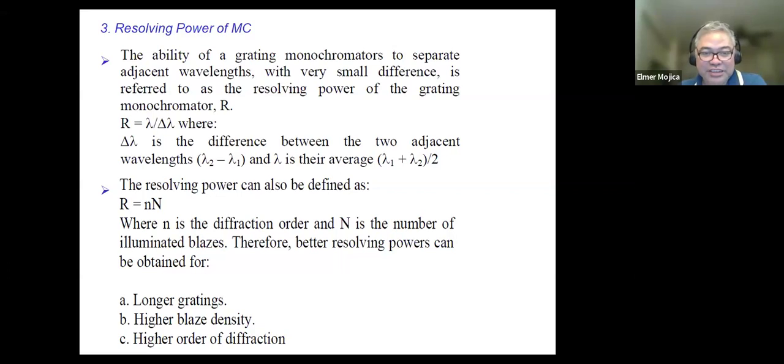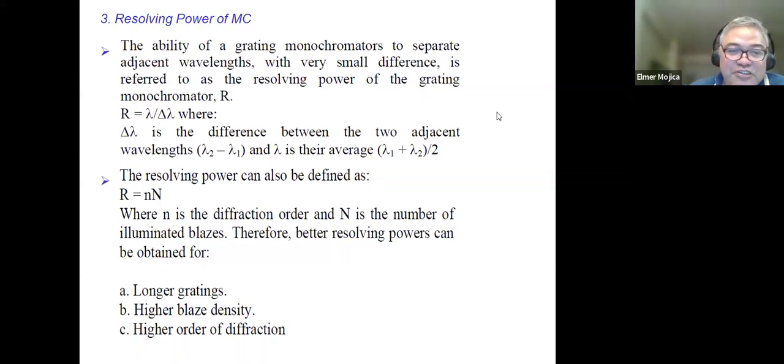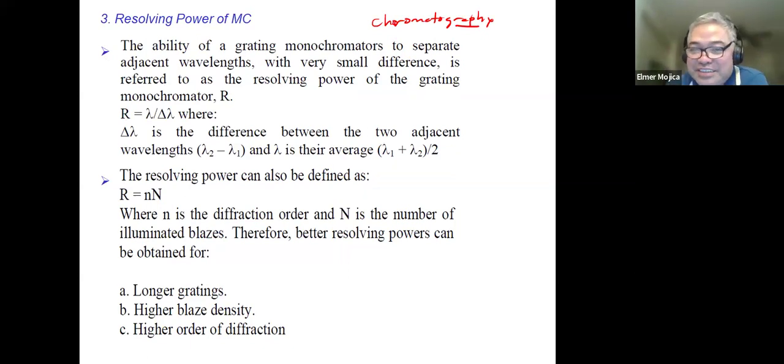And then the next one is resolution, the resolving power of the monochromator. How do you define resolution? Where do you find it? Chromatography, right? Resolution in chromatography is how well separated two peaks are.